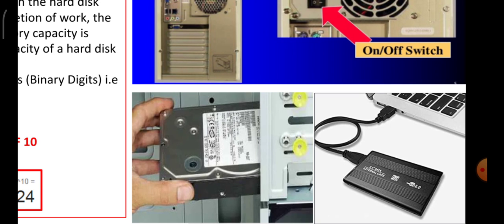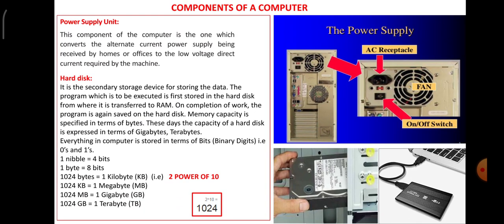It need not be inside. You can carry it wherever you want. So if you have some projects or other important study material with you and you want to carry it somewhere and show it on the projector, you can do that using the second option. That is the external hard disk.